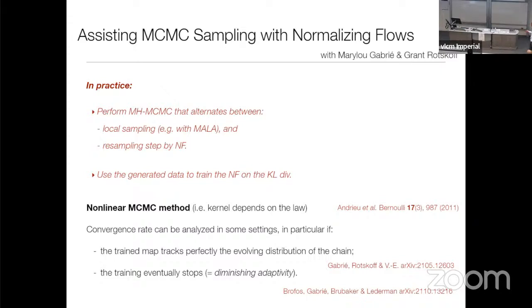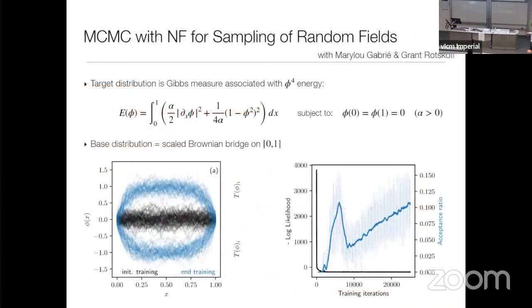But let me show you a few examples, maybe to illustrate that you can actually do this in high dimension. So this is perhaps a simple example. You're looking at the Gibbs measure that is associated with the phi-four energy. That's a problem Martin has worked a lot on, but we are looking at the simplest case, which is the one-dimensional case where everything makes sense with auto-normalization.